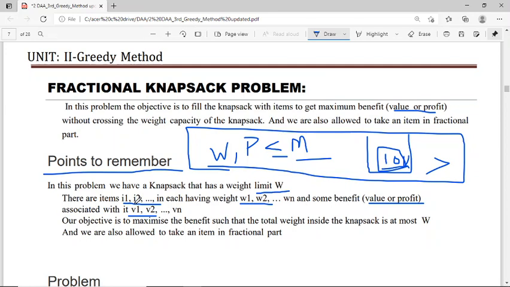So there are items I1, I2 and so on till IN, each having a weight and a value V. Our objective is to find the maximum benefit such that the total weight inside the knapsack is at most W, and we are allowed to take fractions. Whatever weight we have, we need to fill the bag till the end, and based on that we get the profit.